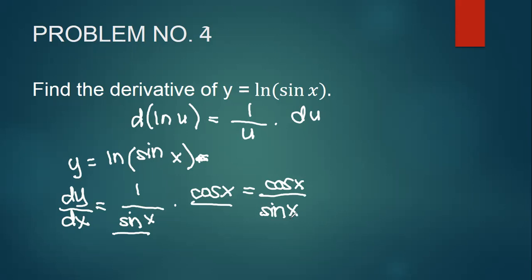Getting the equivalent trigonometric identity for cosine over sine, that's equal to cotangent of x. So this is the answer for this item.